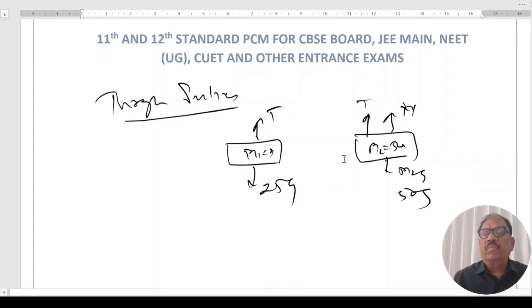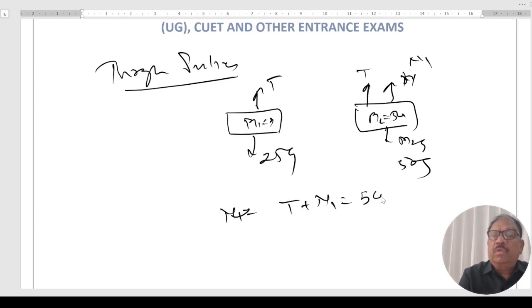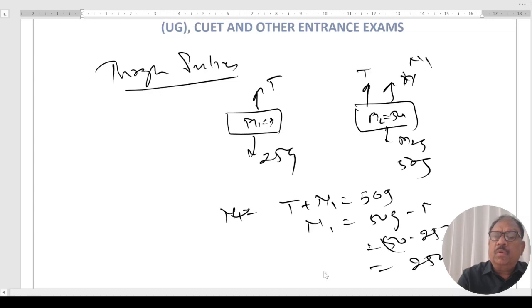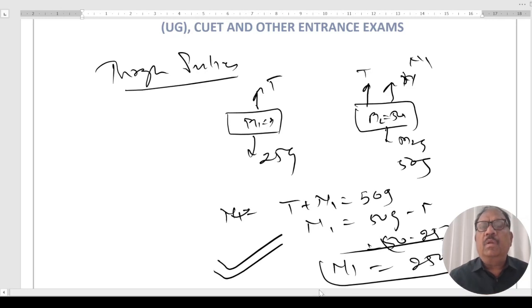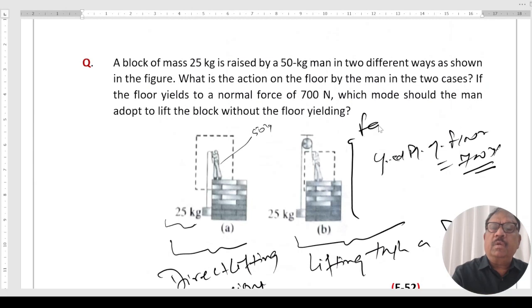In this case, T plus N1 will be equal to 50 g. So N1 will be equal to 50 g minus T. T is 25 g. 50 minus 25 into g, 10, 250 Newton. So this is favorable. So lifting through a pulley is favorable.